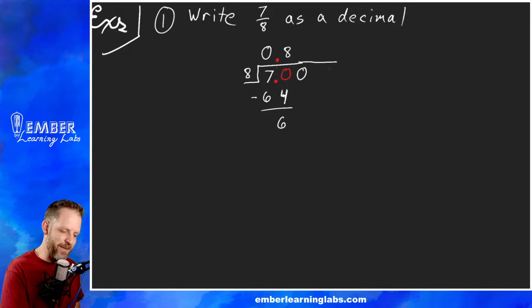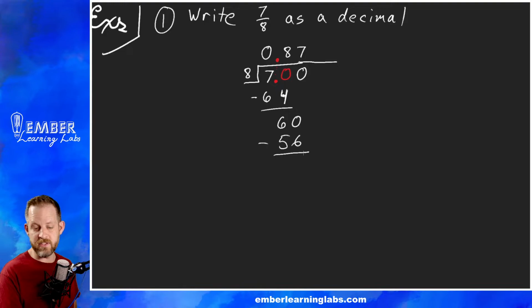Right? Then we're going to bring that 0 down. Right? 8 goes into 60 7 times, because 7 times 8 is 56. We're going to subtract. 60 minus 56 is 4. So 8 doesn't go into 4, and 4 is not 0. So we're going to add another 0.